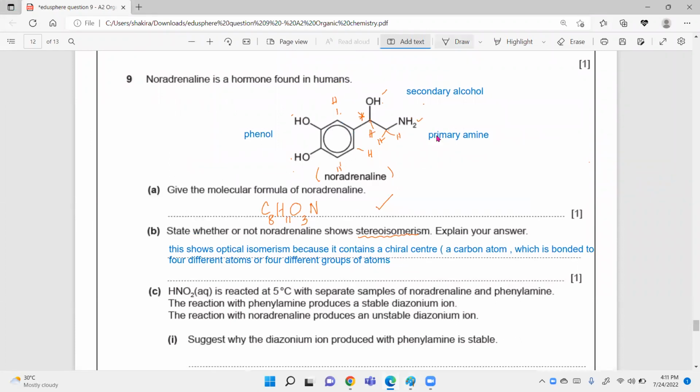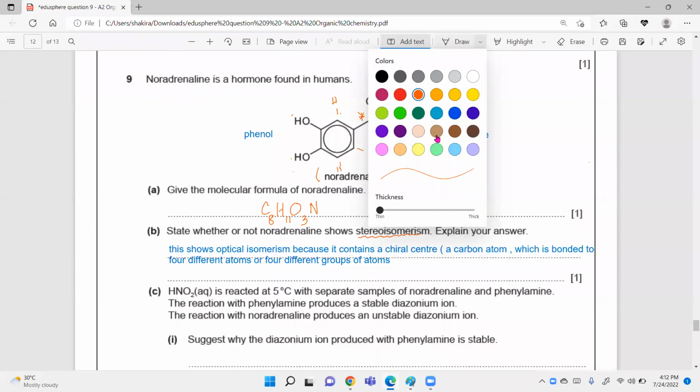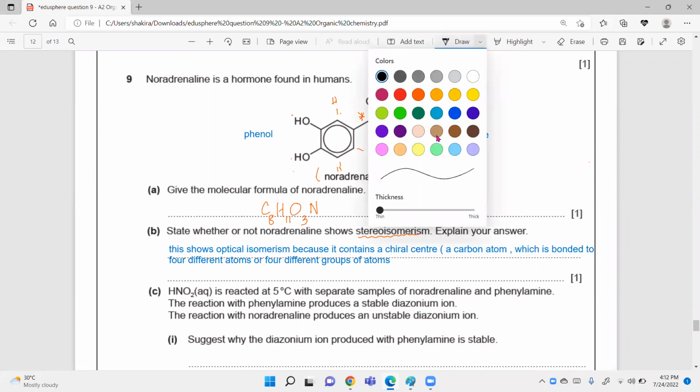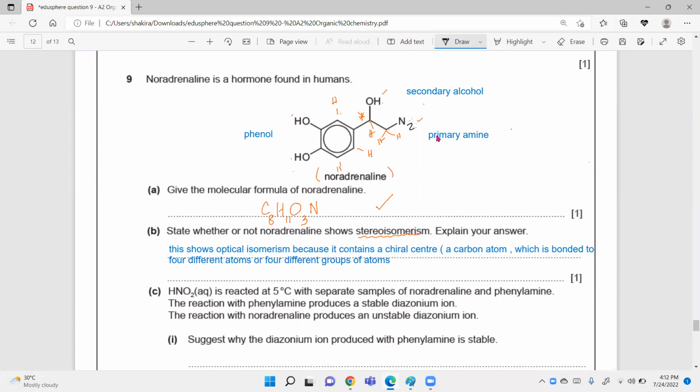What happens is this goes out, and that part changes to N2 plus. Over here we have CH2. This positive charge cannot distribute in the aryl ring because it is not directly attached to the aryl ring.